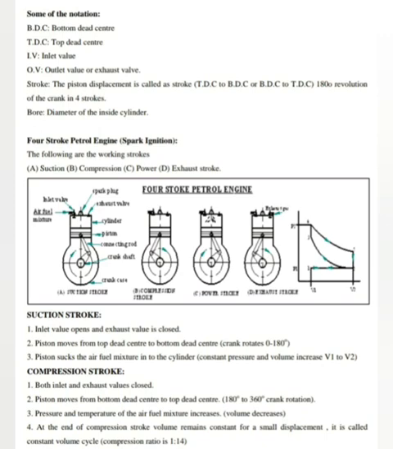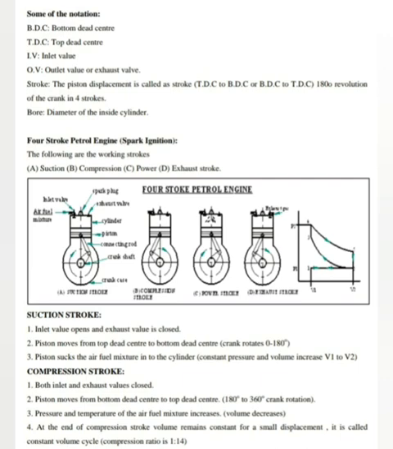When the piston is about to reach the TDC, the spark plug initiates a spark that ignites the air petrol mixture. Combustion of the fuel takes place at constant volume, as shown by the line 3 to 4 on the PV diagram.